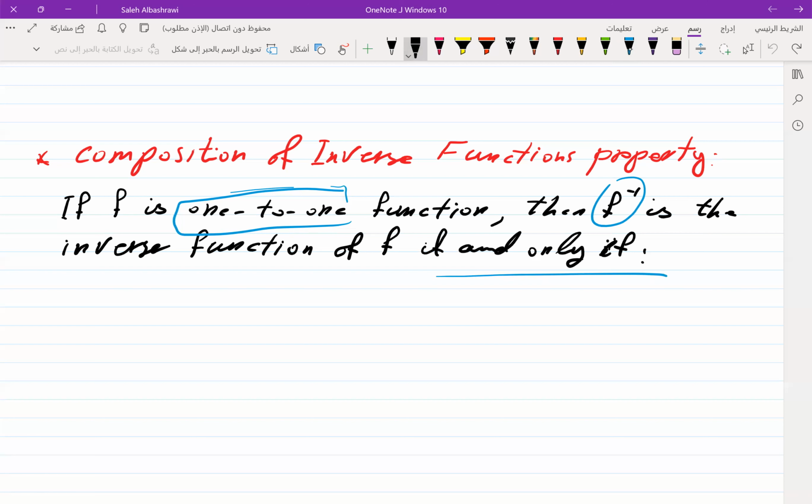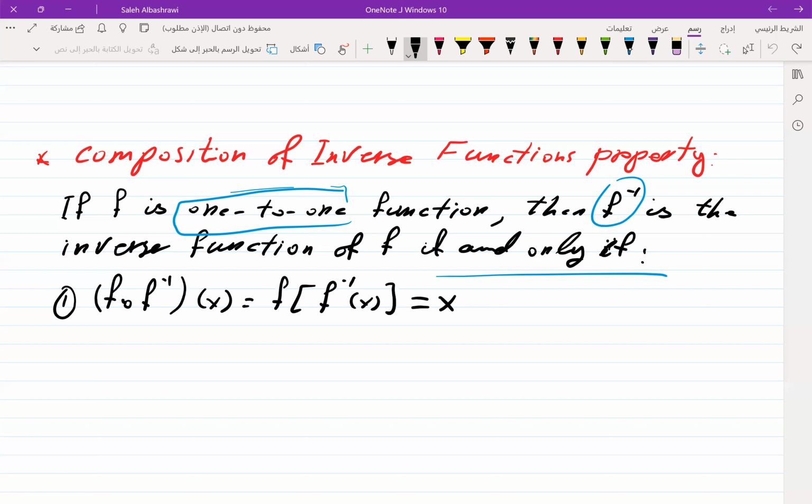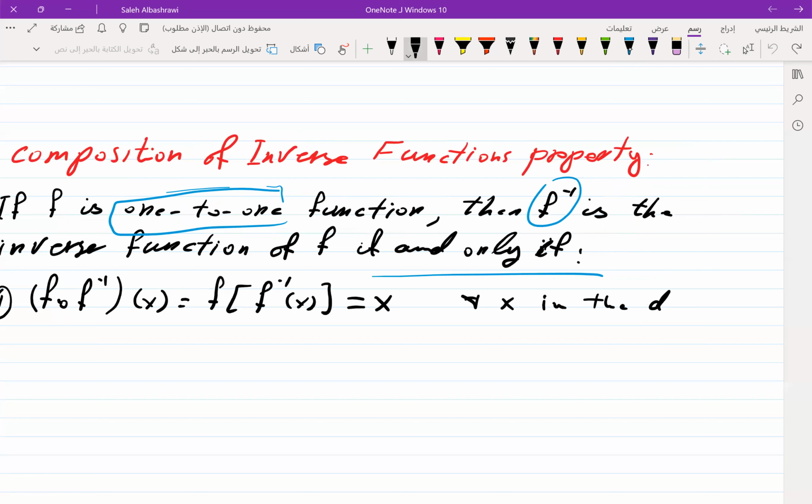The first condition: the composite f of f inverse of x equals x, for all x in the domain of f inverse.